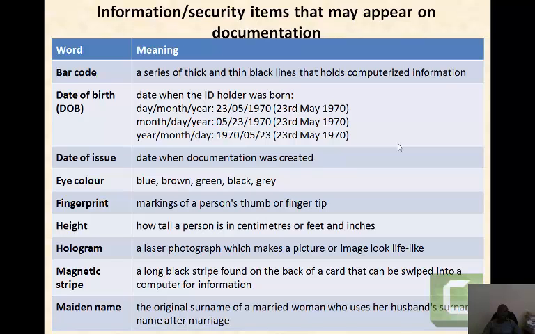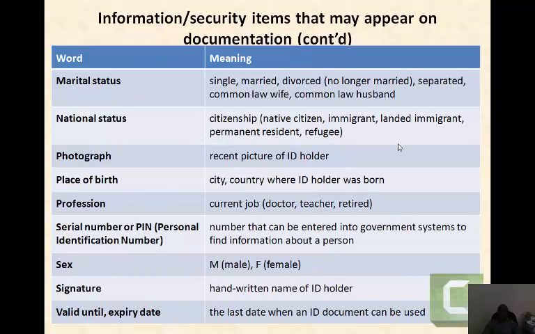Maiden name. This is the original surname of a married woman who uses her husband's surname after marriage. What is the marital status? This can either be single, married, divorced, separated, common law wife, or common law husband.